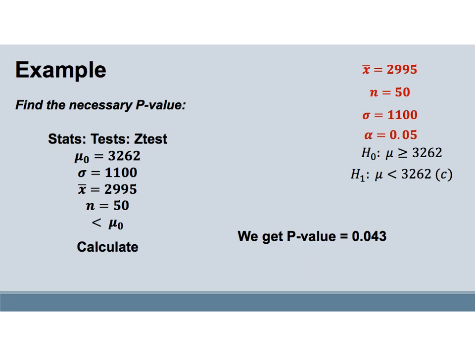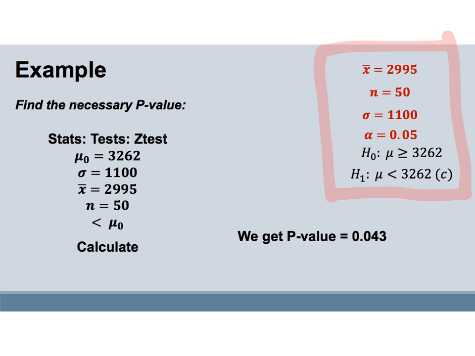Now, that mu naught, over here, I have everything I know so far. That's from the other slides, all the stuff I already know. And over here is what I'm putting in on my calculator to the left.